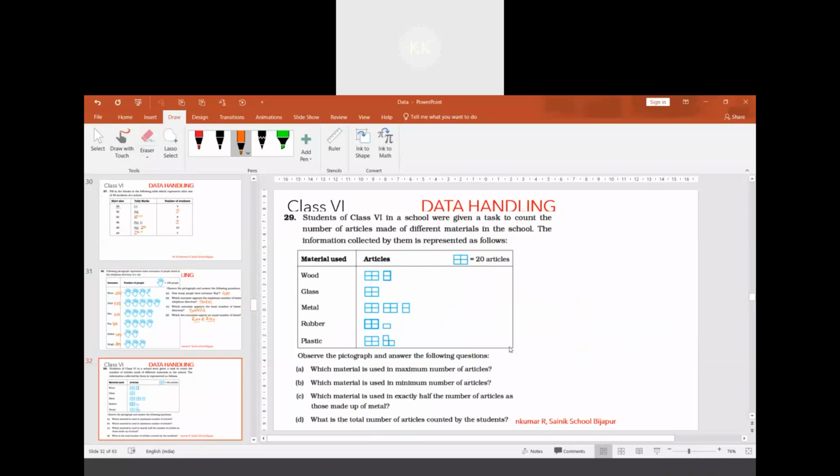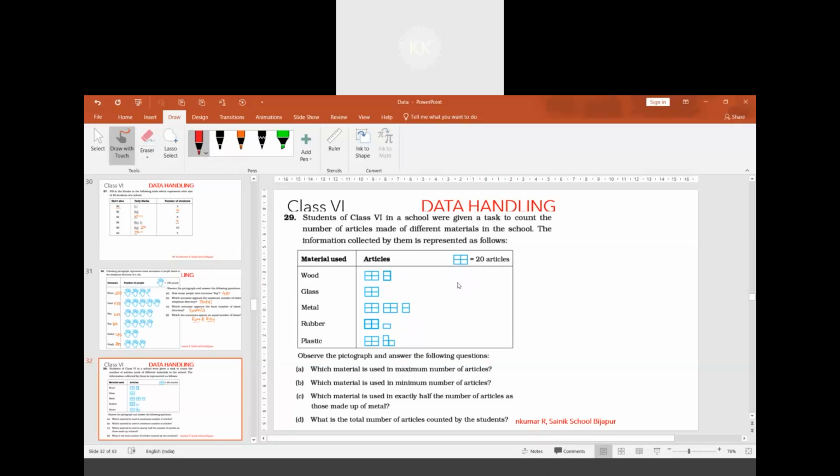29th question. Students of class 6th in a school were given a task to count the number of articles made of different materials in the school. The information collected is represented as follows. They have used a pictograph here. If this symbol is mentioned as 20 articles, if wood is shown in this way, what will be the total number? 30.